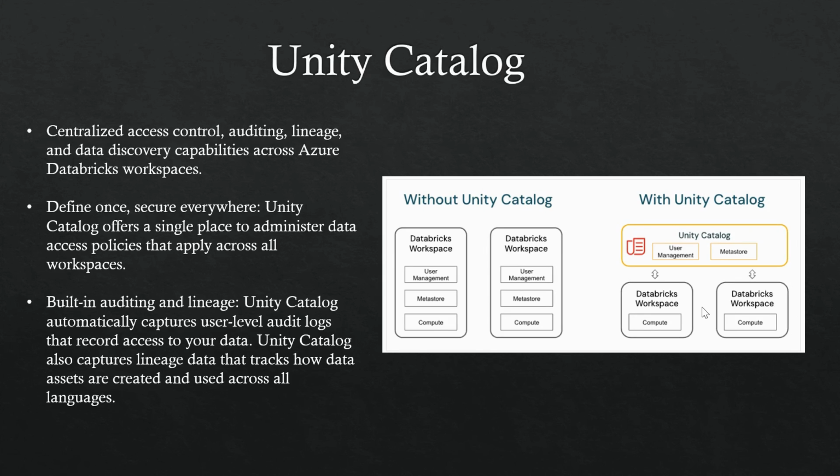With the help of Unity Catalog, you can also do auditing of your tables. There is a system schema that Databricks provides where all the logs are stored, so auditing becomes very easy and simplified. Along with it, you also get the lineage of the table, all the downstream tables and all the upstream tables that are associated with one base table.